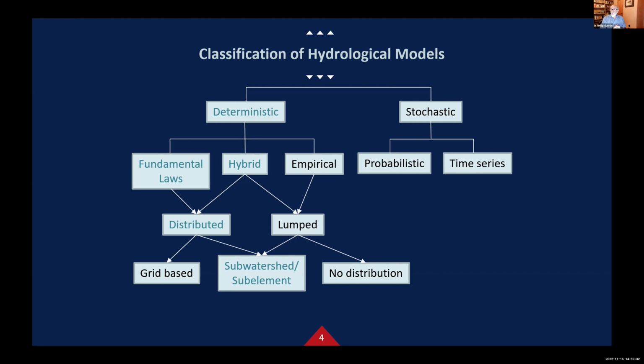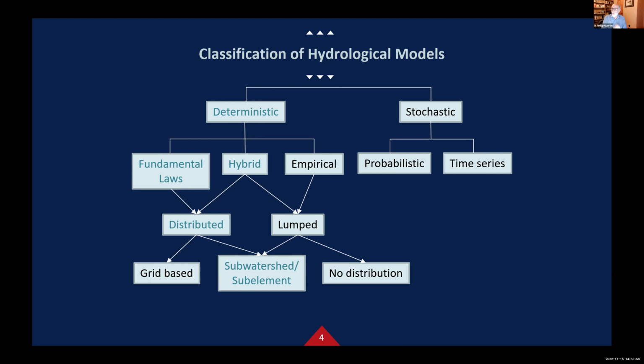Both of the models are what we call distributed models, compared to lumped models. In a lumped model, a watershed is treated as one unit, and all the parameters are uniform across the watershed. With a distributed model, and we'll talk more about this through this presentation, we've taken the landscape and broken it up into different modeling units.